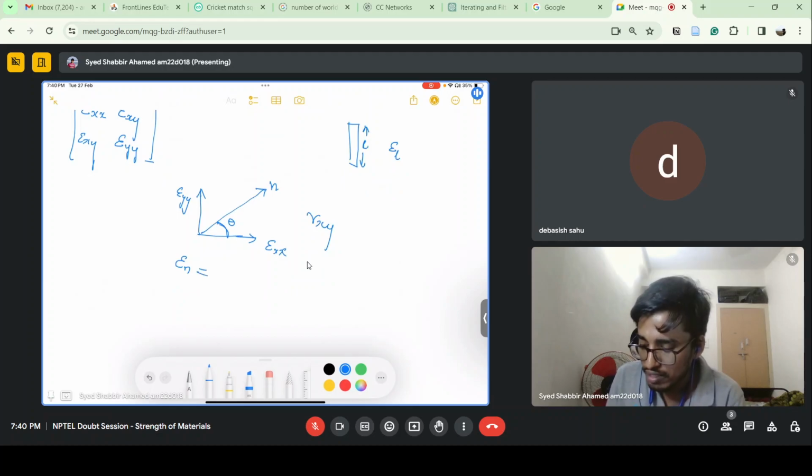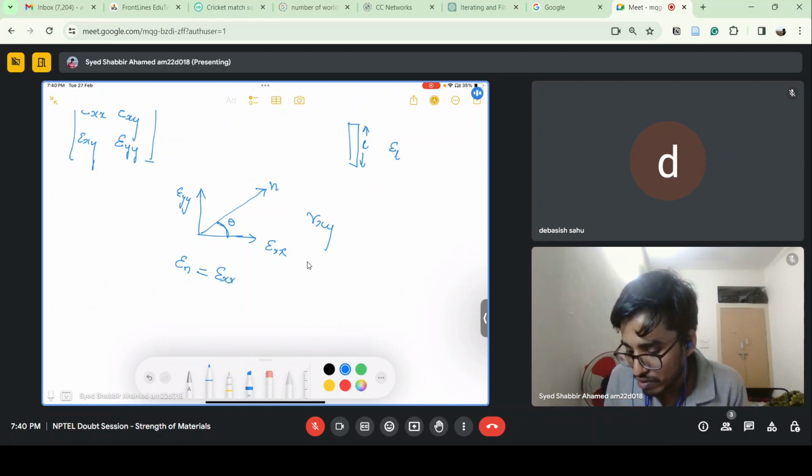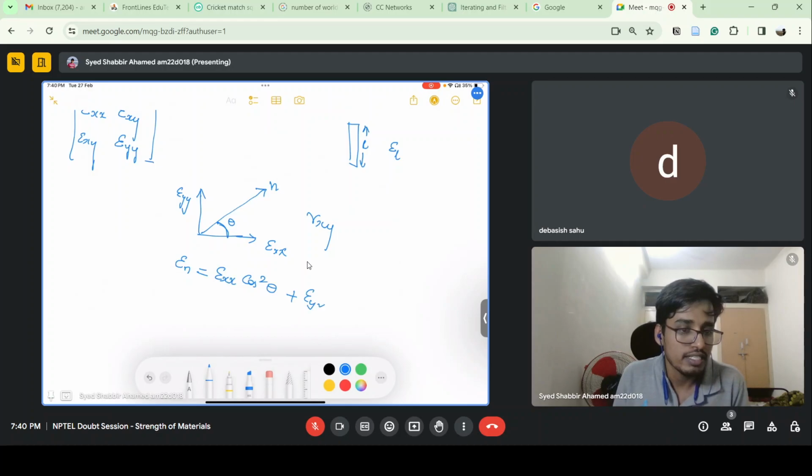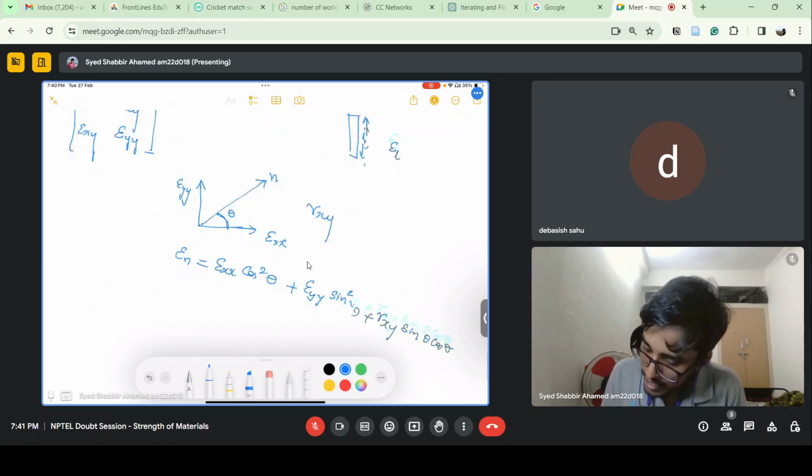So for this we have strain transformation laws. Using the strain transformation laws, we can give this normal strain along the direction n, which is making an angle theta with the x-axis, as epsilon xx cos square theta, plus epsilon yy sin square theta, plus gamma xy sin theta cos theta.